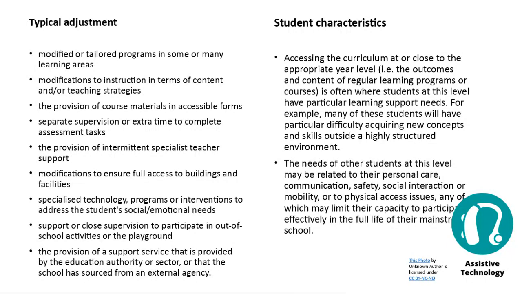They might need a lot of repetition, perhaps, or a highly structured environment. Remembering, of course, that it's not just about the cognitive level. All of these may be at the personal care level, safety issues, social interaction. It's not all about the cognitive.